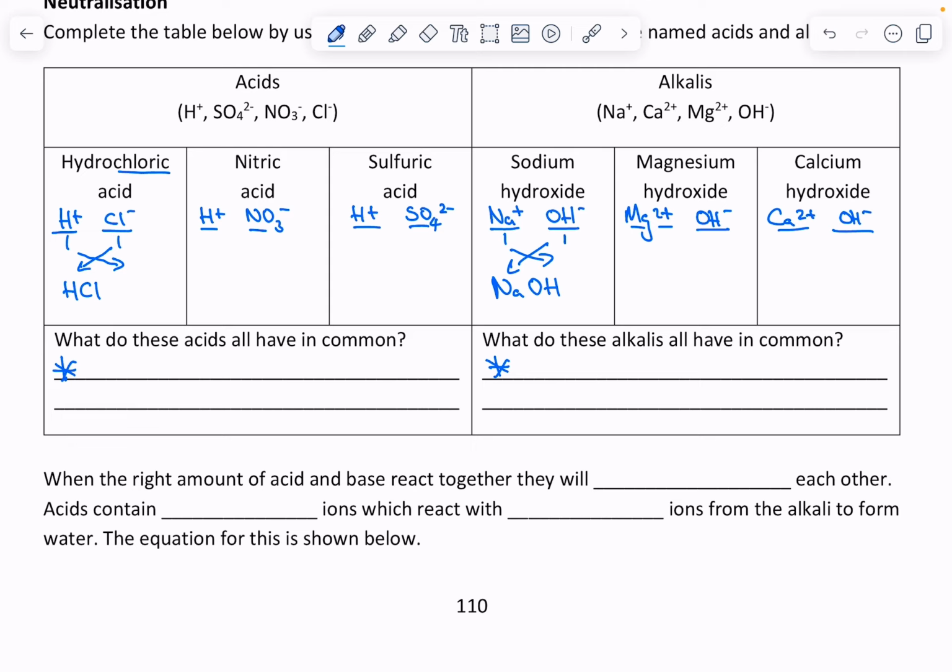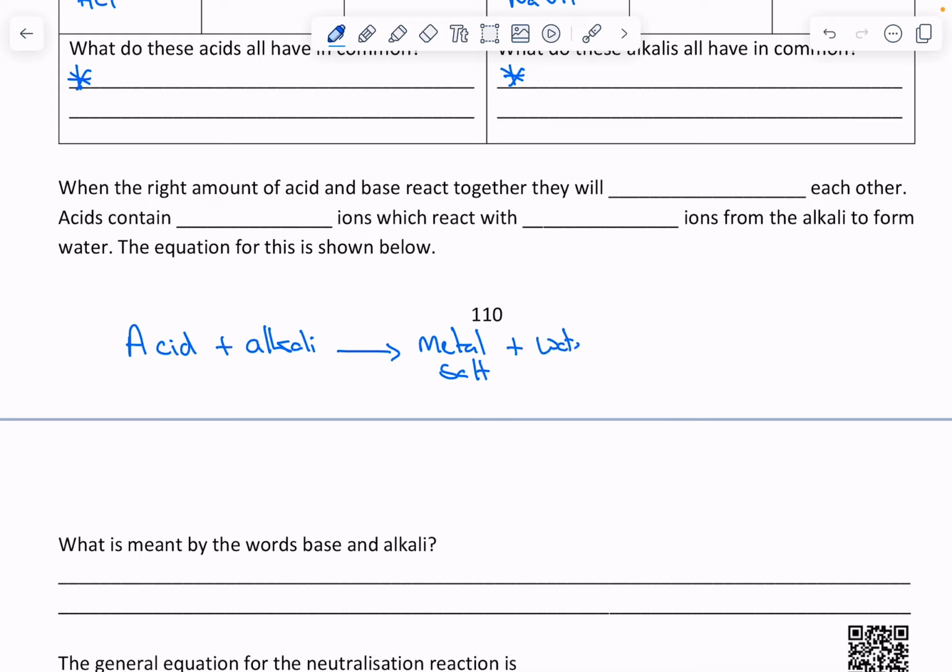And the product is always going to be a metal salt and water. And that reaction, as we've said, is neutralization. And basically what we're taking is the acid contains hydrogen ions and the alkali contains hydroxide ions, and we're making those two react together to cancel each other out in this reaction.